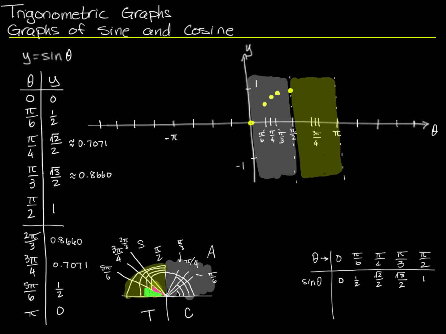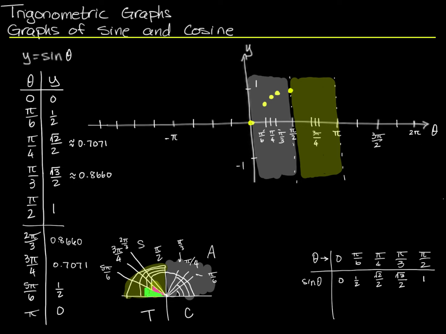Let me add a few more angle values here. This one's going to be 2 pi. And if we think in terms of pi over 2's, that's just how it's going to be convenient initially to divide this axis up. I have 1 pi over 2, 2 pi over 2's, 3 pi over 2's. You can think of this as 3 pi over 2's, but that's just 3 pi over 2 because of the way multiplication works. So I have 3 pi over 2, and then of course 4 pi over 2.